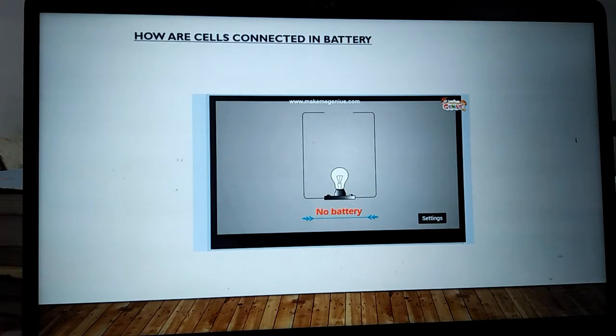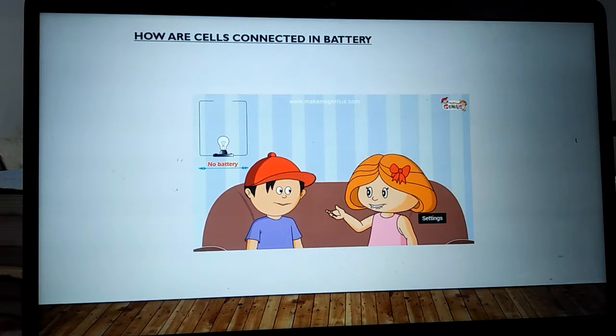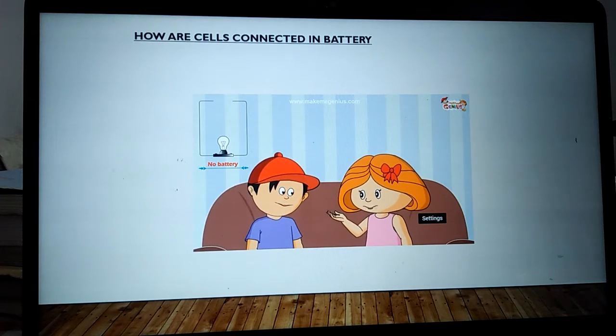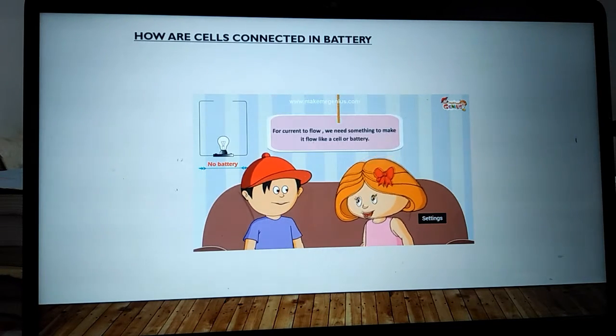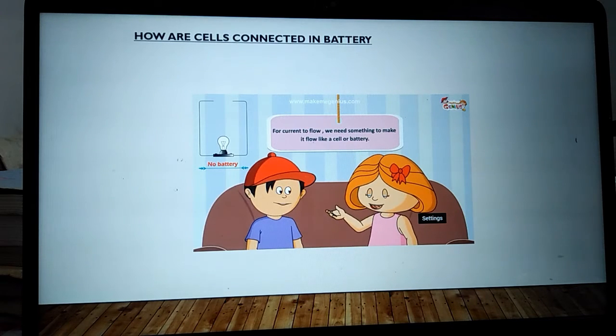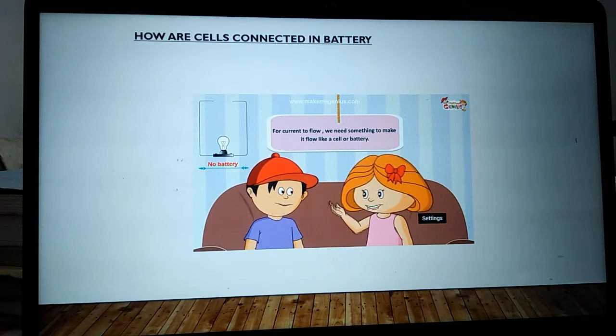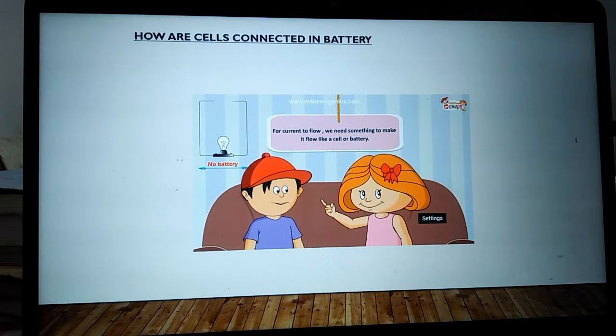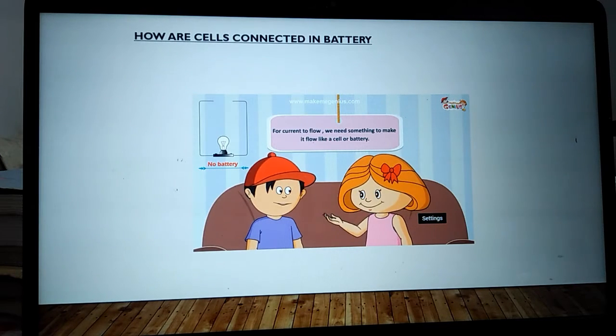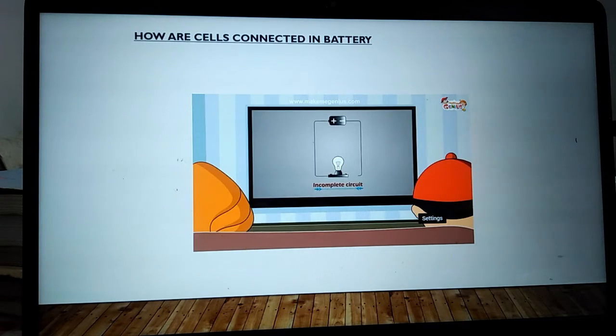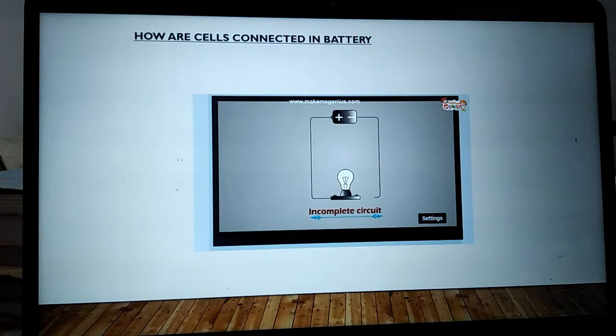Now look at this. Hey, there is no battery in this. Yeah, if there is no battery, no electricity will flow. So, the first condition for the flow of electricity in a circuit is that there should be something to make the electrons flow. Now look at this second circuit. What is missing?